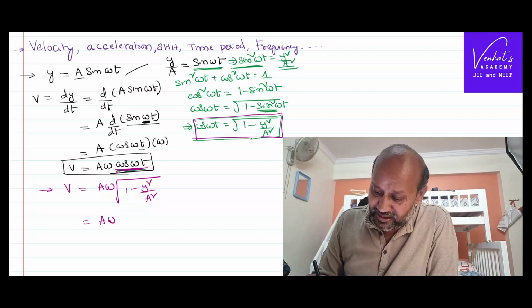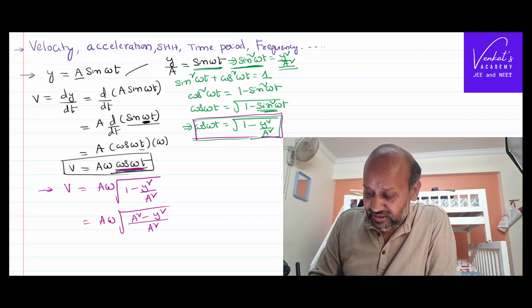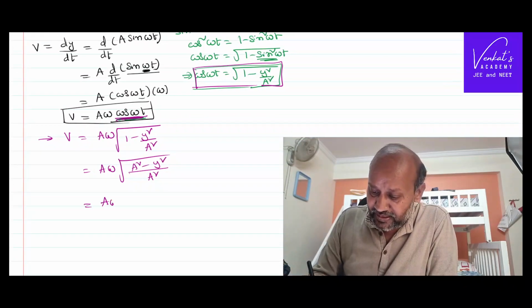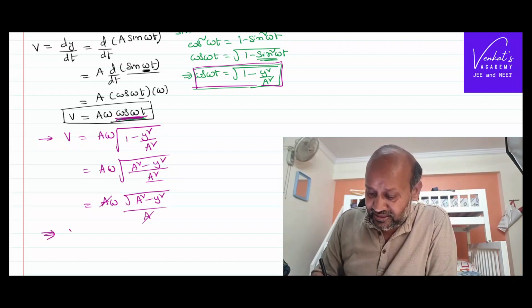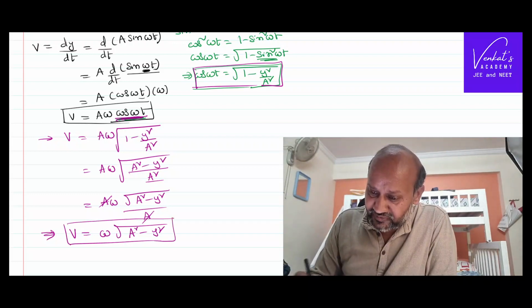So that is a omega root of, a square will be the LCM, a square minus y square by a square. If I simplify this further, a omega root of a square minus y square, by square root of a square, which is a itself. This a and a can be cancelled. Thus I get an equation for velocity as omega root of a square minus y square. This is another format of velocity.